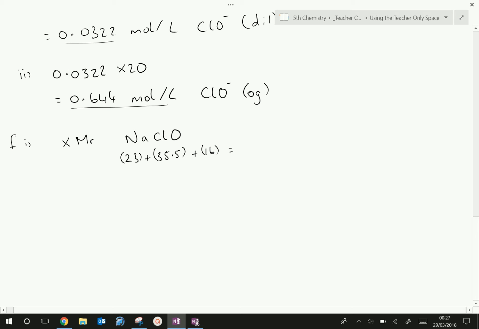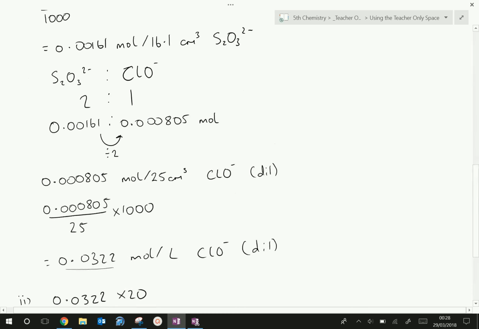And that gives 74.5 in total. So I need to take my 0.644, multiply it by 74.5, which is the molecular mass, and that gives me 47.978 grams per litre of sodium hypochlorite. That's F part 1 finished.